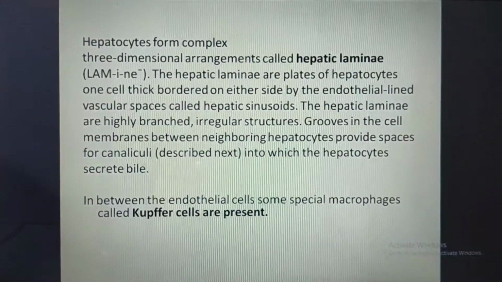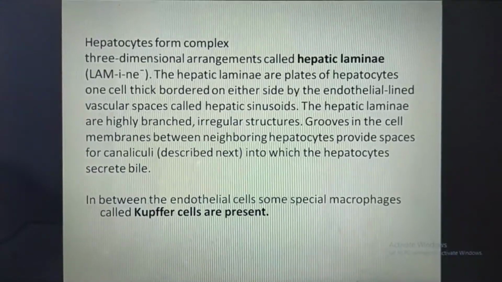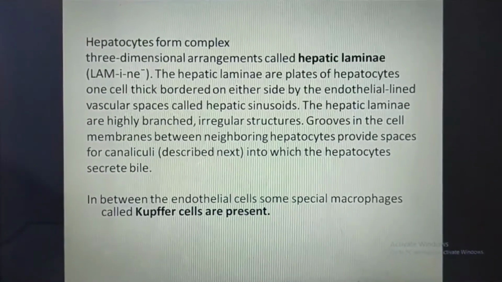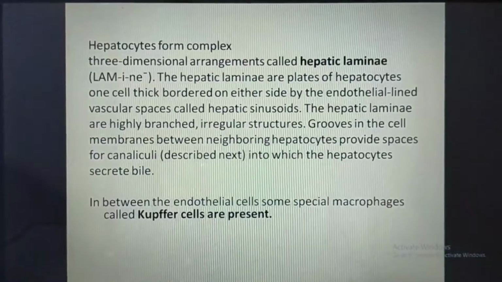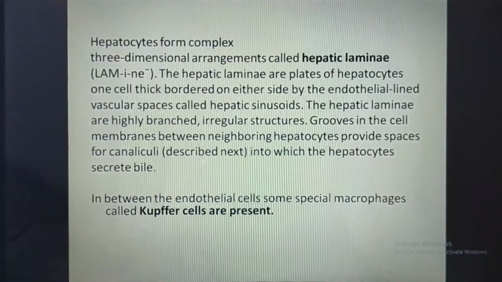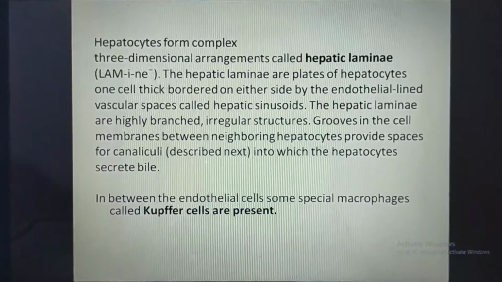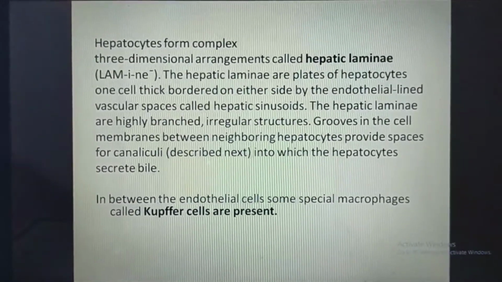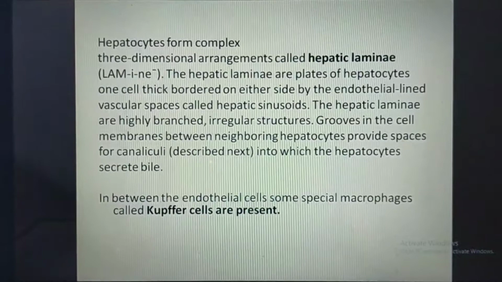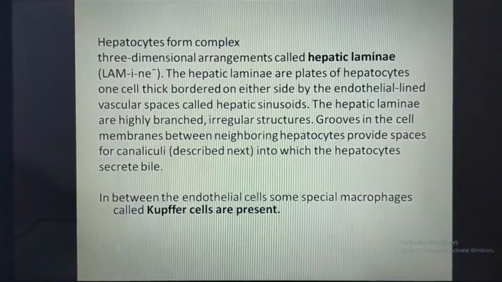Hepatocytes form complex three-dimensional arrangements called the hepatic laminae. The hepatic laminae are plates of hepatocytes, one cell thick, bordered on either side by the endothelial lined vascular spaces called the hepatic sinusoids.